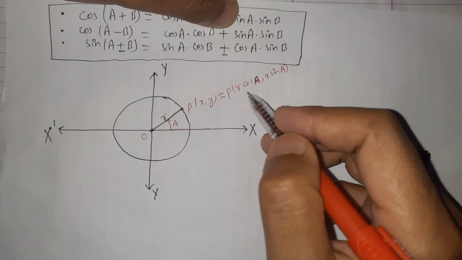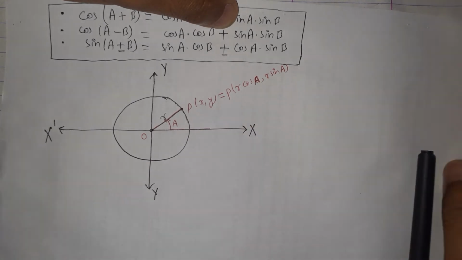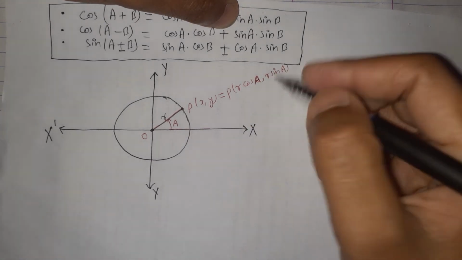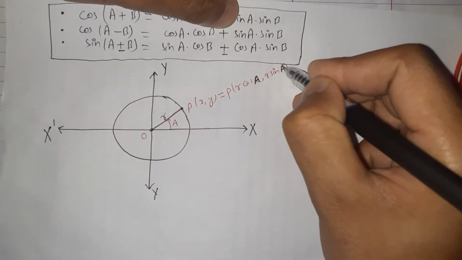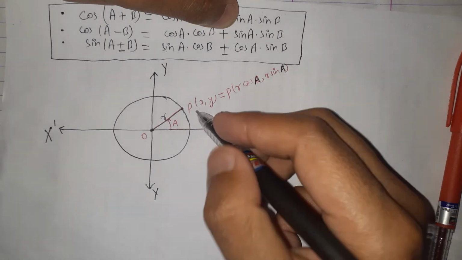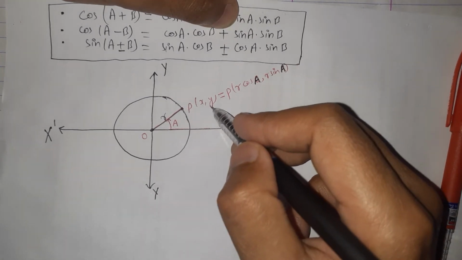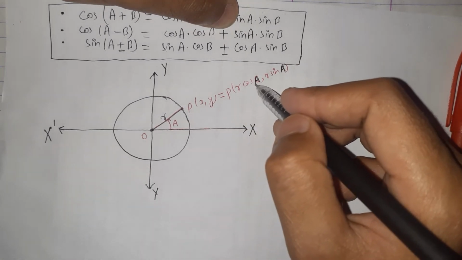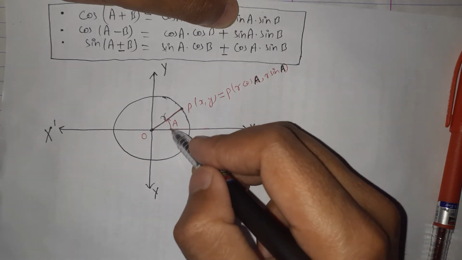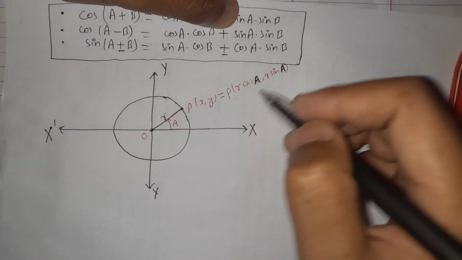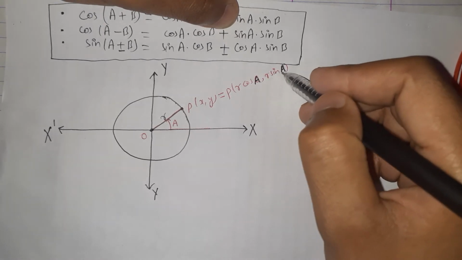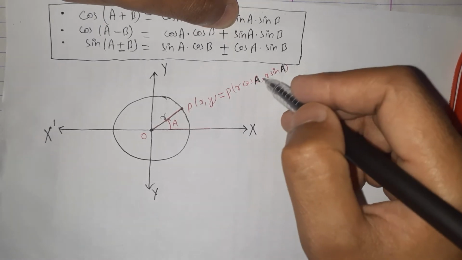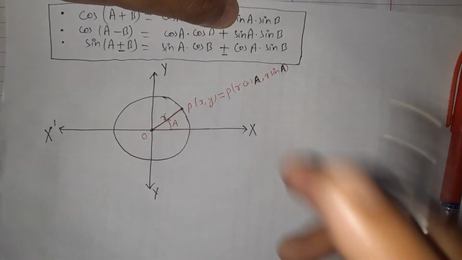This is the polar equivalent of the point P. We already discussed how to convert the Cartesian coordinate into the polar coordinate. Here we just write the relation. The point P, x comma y, can be written as r cos a. Here a is the argument, the angle with respect to the positive x-axis, and the corresponding value of y is r sine a. This is the polar representation for the point P.